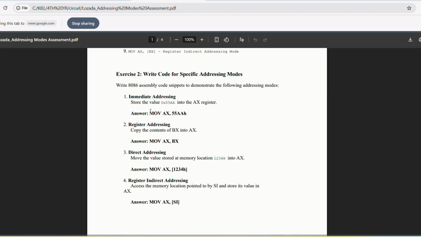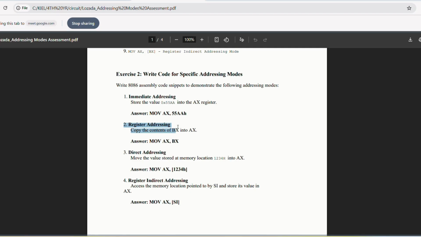The answer is MOV AX, 55AAH because in immediate addressing, the number in the instruction is exactly the number that gets placed into the register. In assembly, this number is written in hexadecimal, so we write the letter H at the end to show that it is a hex value.